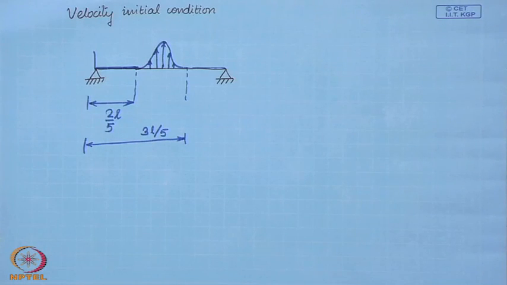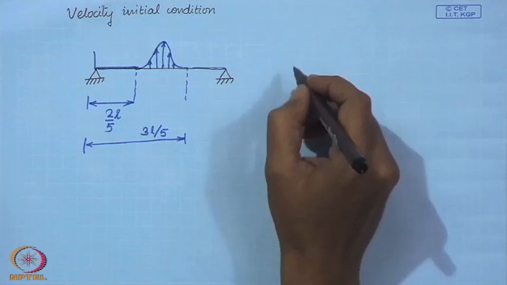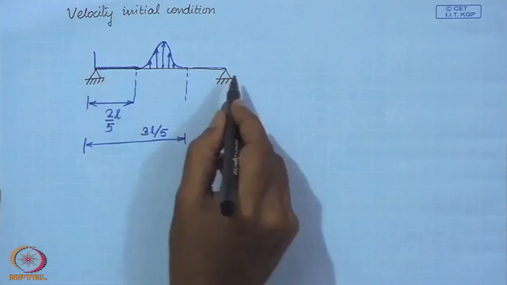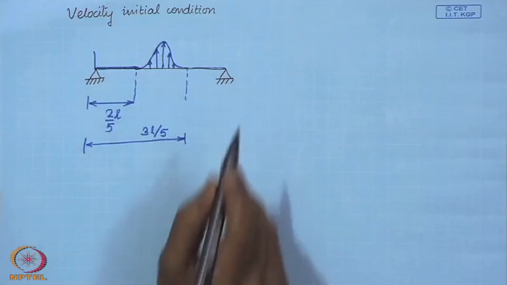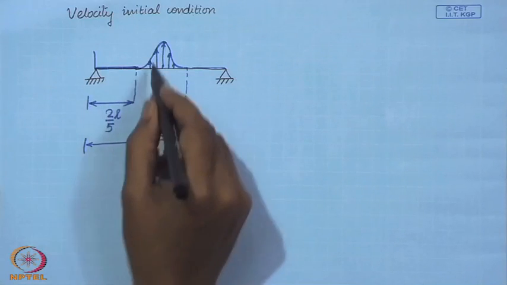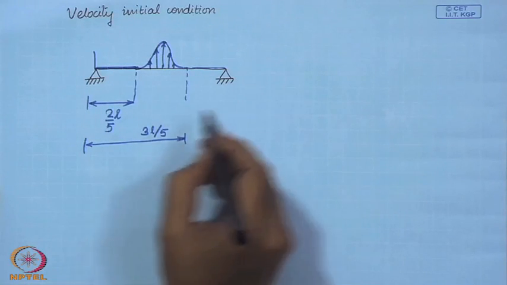So, the velocity profile that I have considered: we will consider that the initial displacement of the string is 0, but the velocity has this profile.